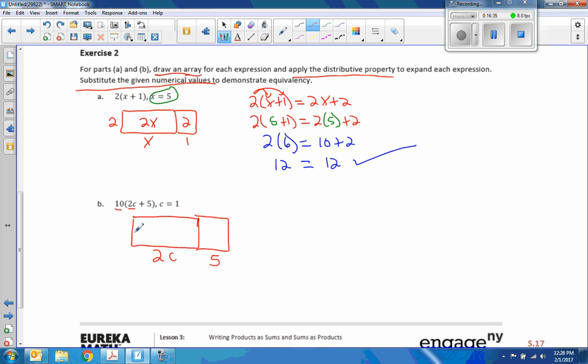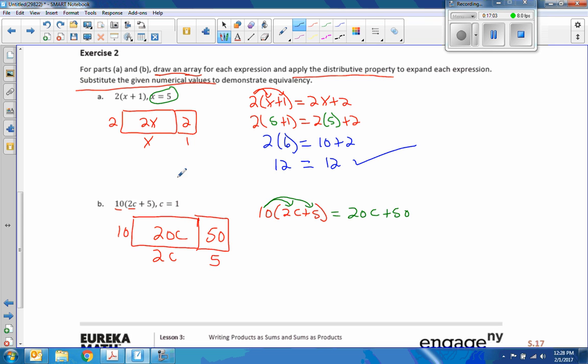The height is what is outside, so that's 10. 10 times 2c, 20c. 10 times 5, 50. Okay, so then if I take 10 times 2c plus 5 and distribute, 10 times 2c equals 20c, and 10 times 5 is 50. So I got the same answer as this here.